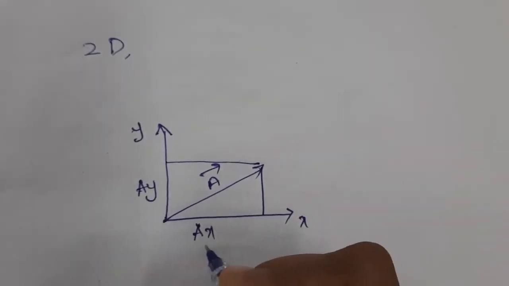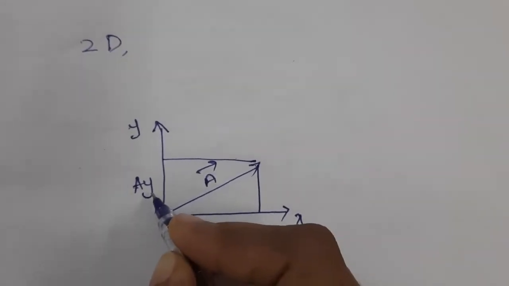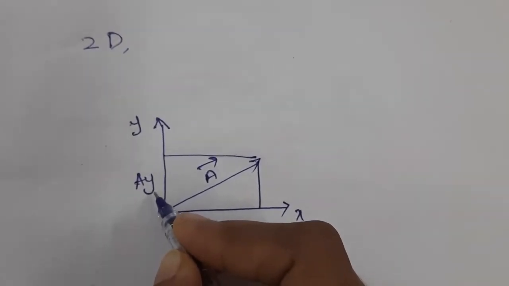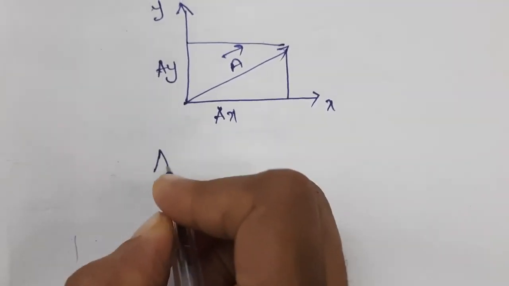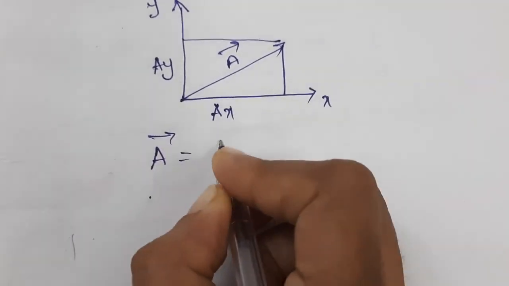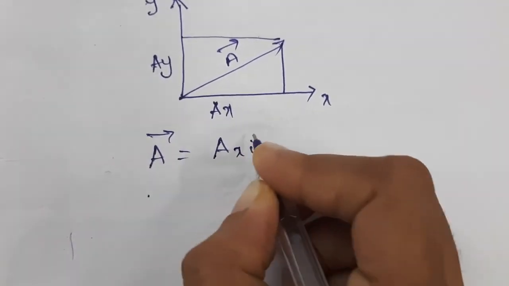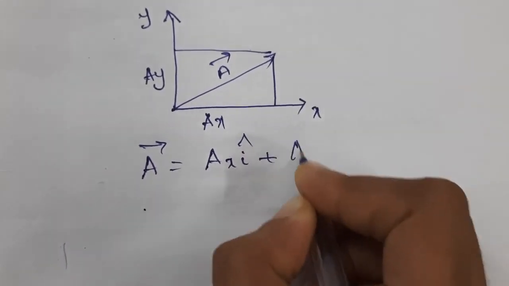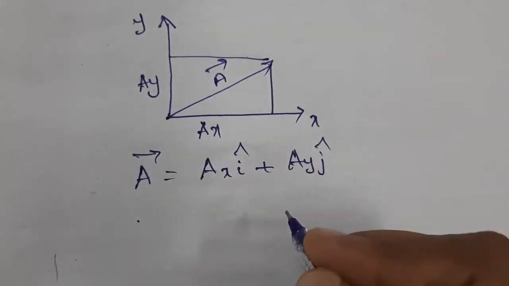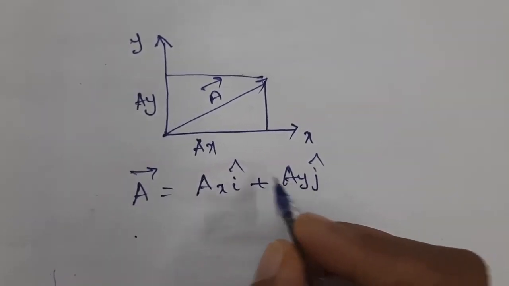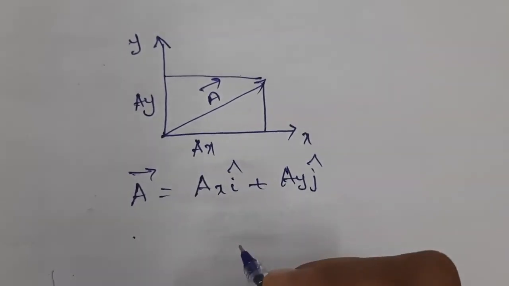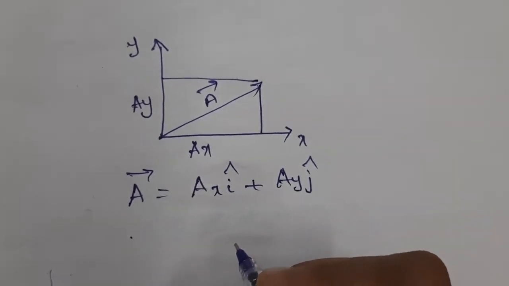So this is the x component of A vector and this is the y component of A vector. So we can write A vector is equal to Ax i cap plus Ay j cap, where i cap and j cap are the unit vectors along the x and y axis.